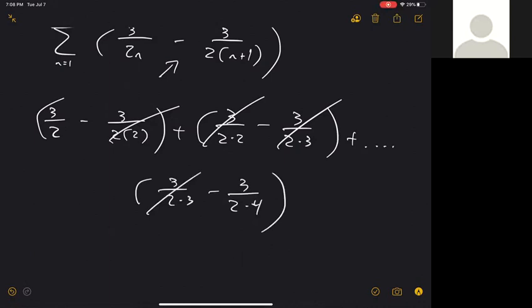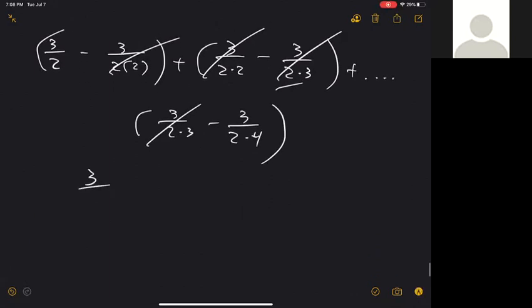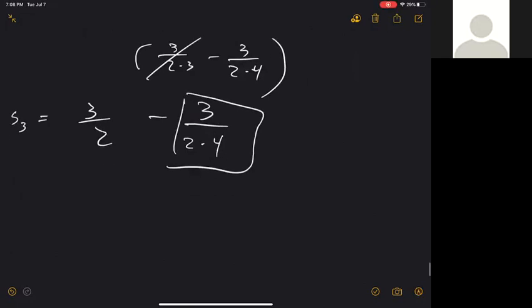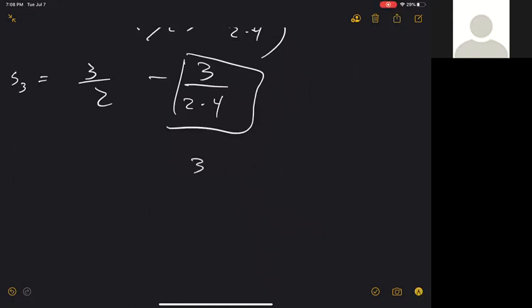Okay, this is canceled with this. So if I added up the first 3 terms, I would have 3 over 2 minus 3 over 2 times 4, which is 3 over 8. Okay. What I need to do is verify that this leftover term is going to 0. So how can I write this leftover term?